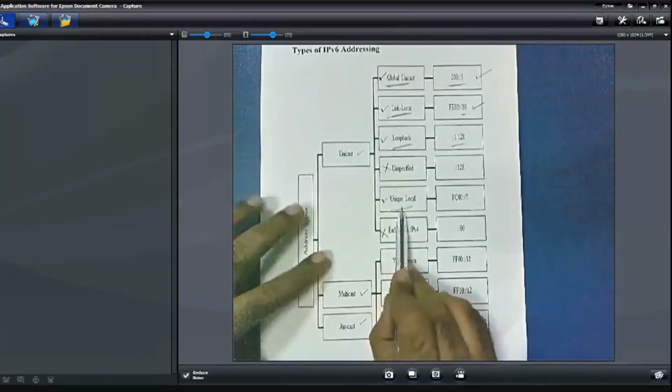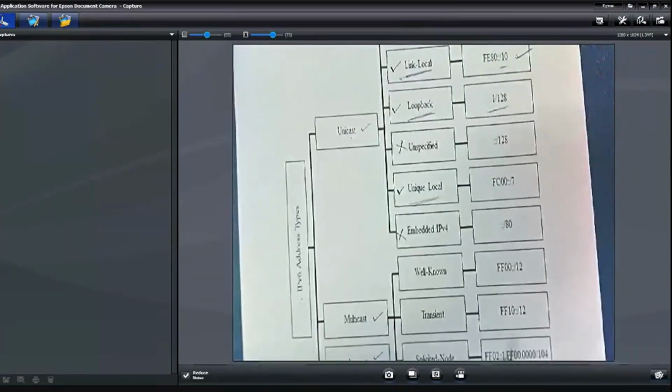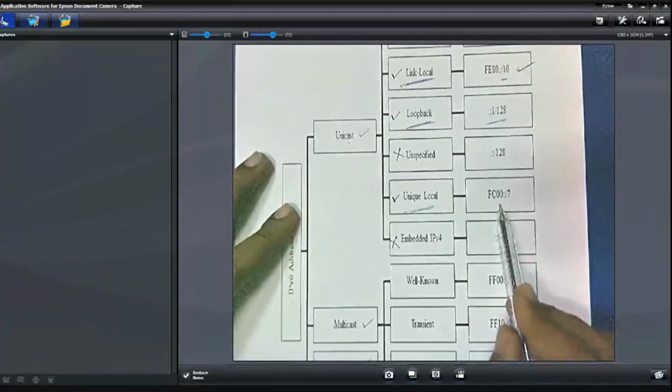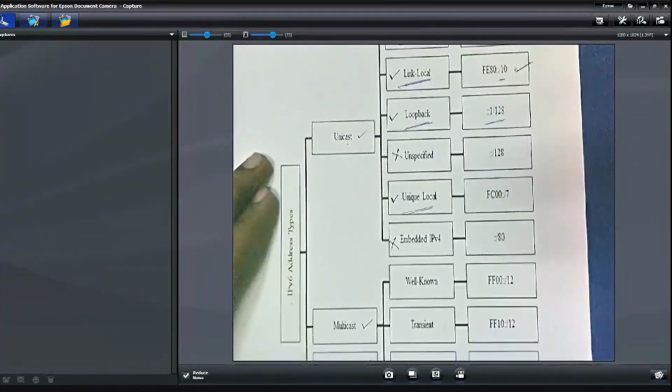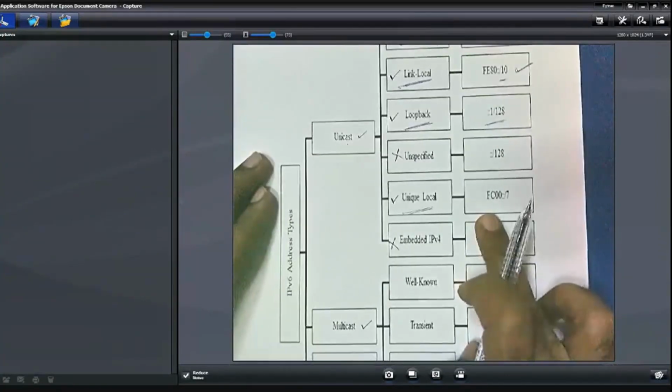Then unique local. A unique local IP address will always start with FC00. That is called a unique local IP address.